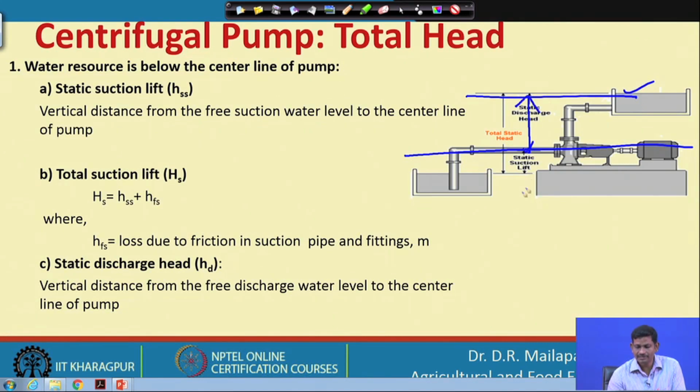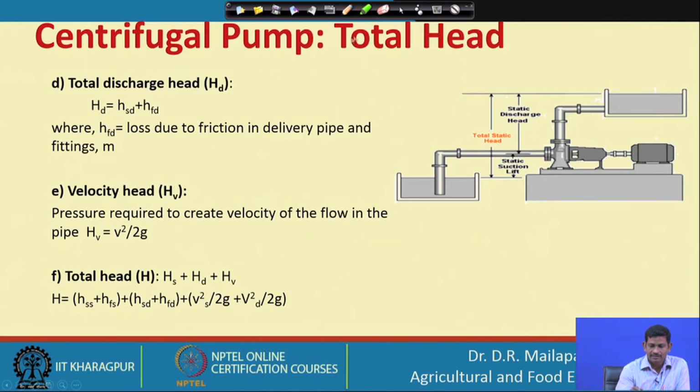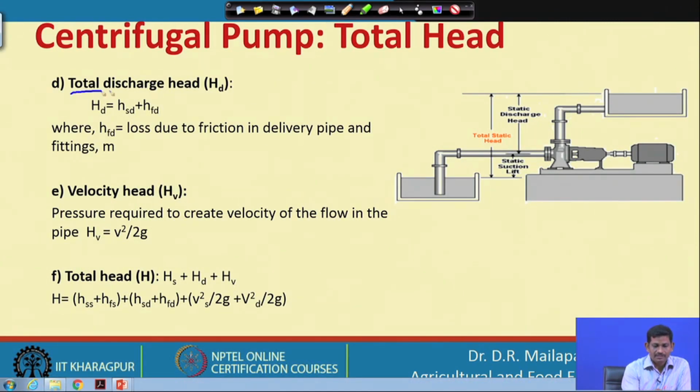That gives the total discharge head, so that is HSD and HFD. The velocity head, V square by 2g, you need to consider, and the total head will be the suction, discharge and velocity heads.